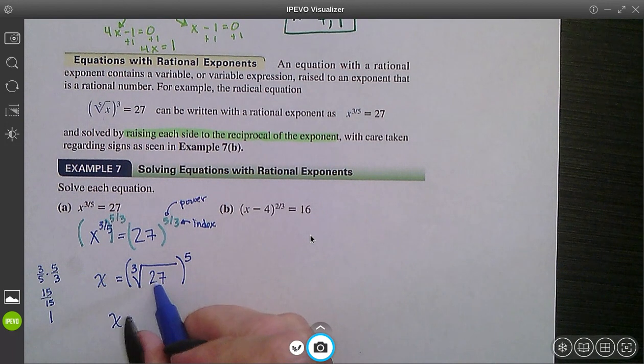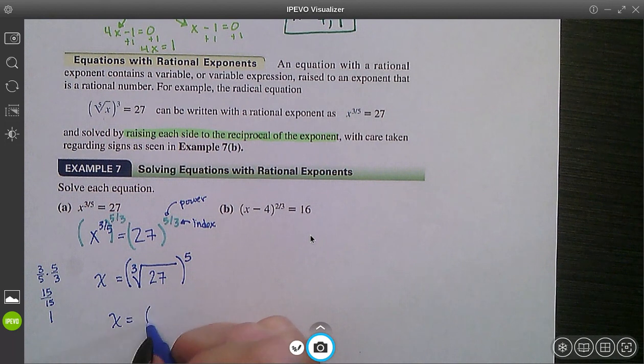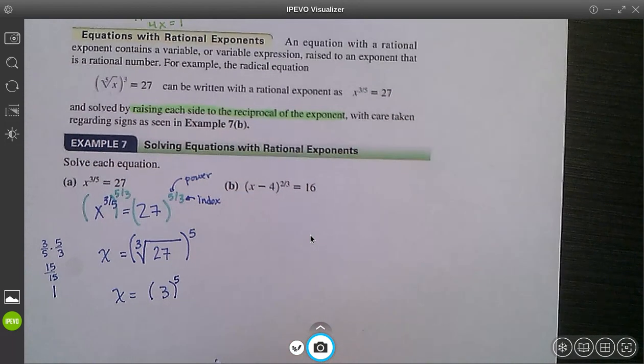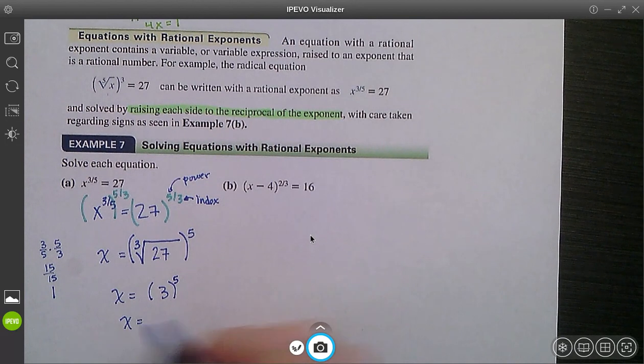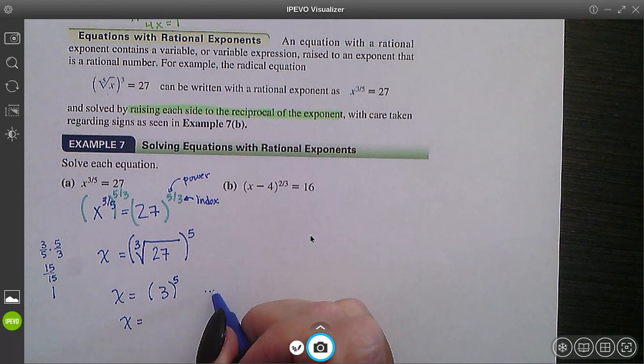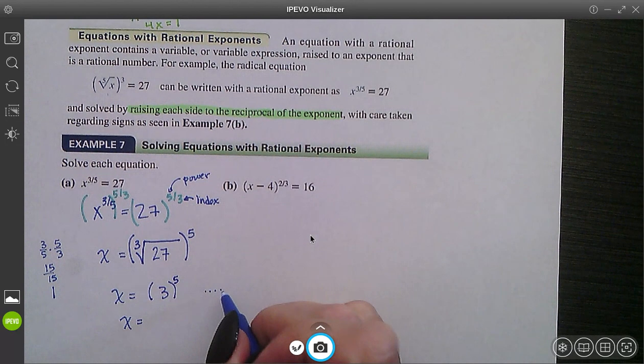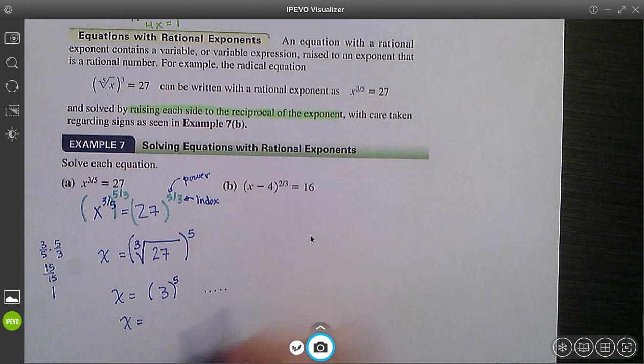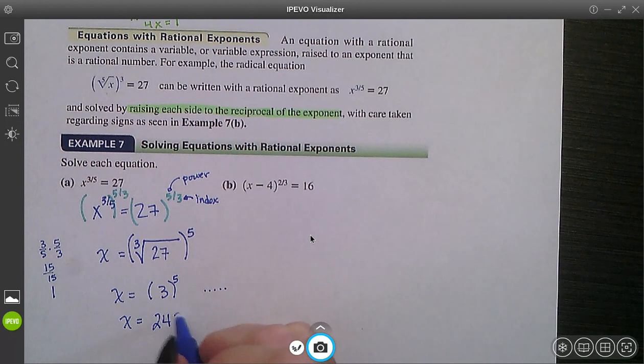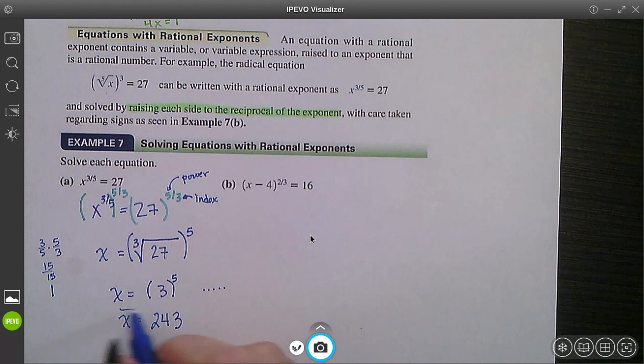What number times itself 3 times gives me 27? That number is 3. So I have 3 to the 5th power, which is 3 times 3 is 9, times 3 is 27, times 3 is 81, 81 times 3 is 243. And that is our answer.